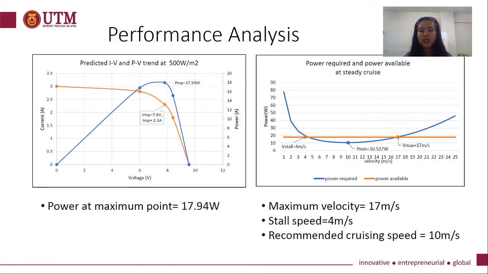By putting it into the graph of power required and power available at steady cruise, we can see that the power available is able to support the solar powered UAV to fly at a steady cruise with velocity from 4 meter per second to 70 meter per second. Also, the recommended cruising speed is 10 meters per second, as it has the minimum power required.